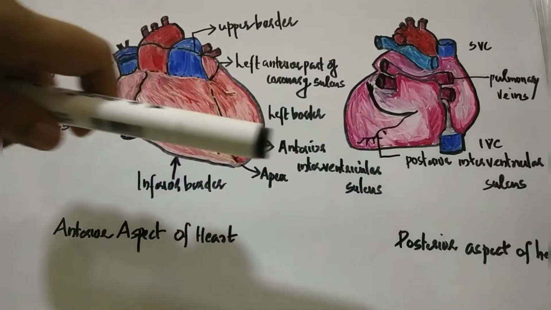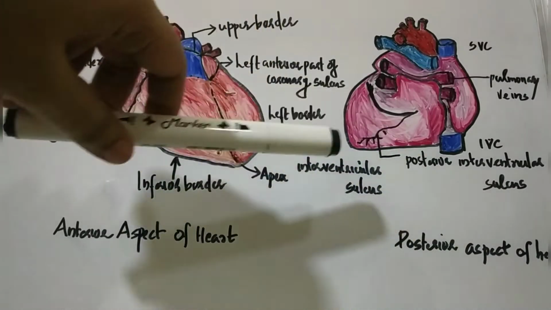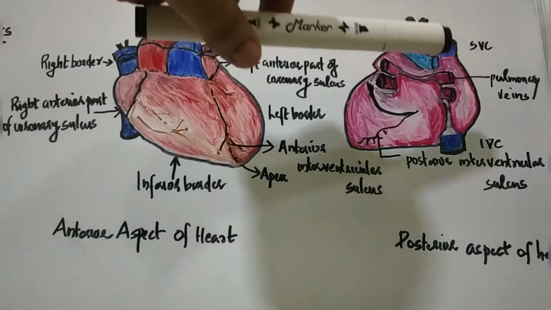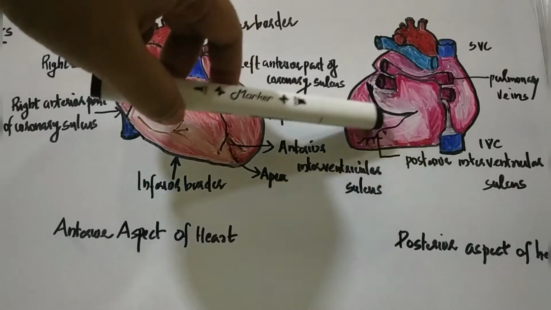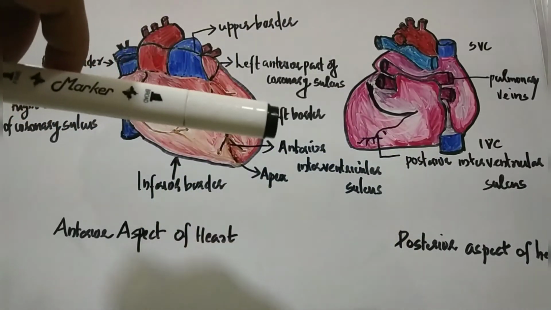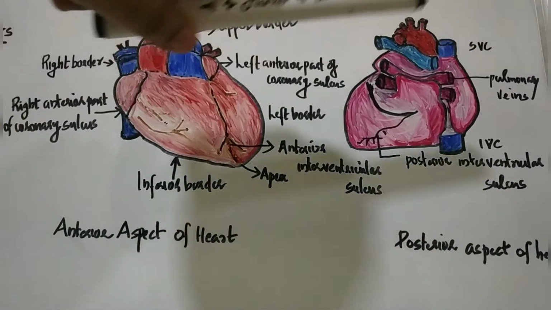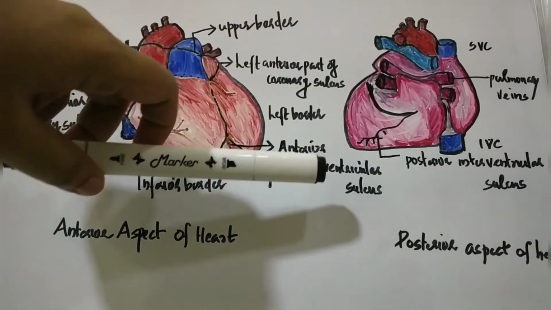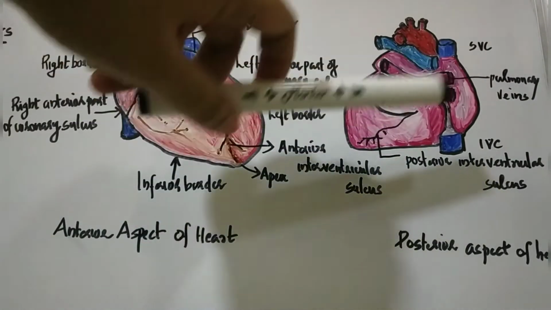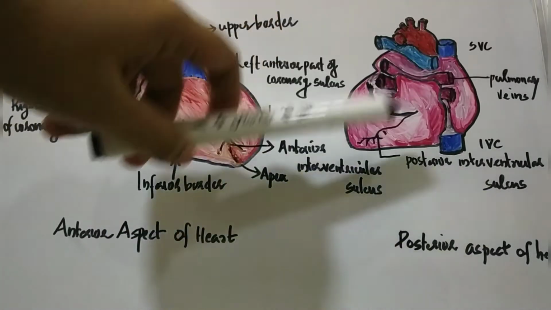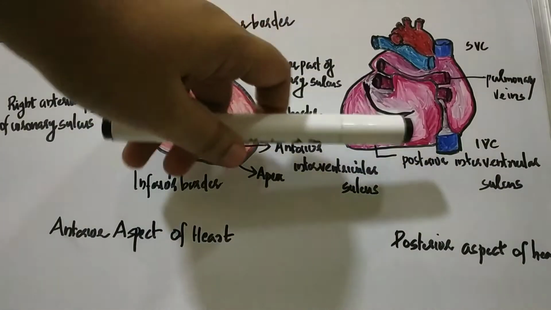The left two-thirds of the inferior surface is formed by the left ventricle and the right one-third is formed by the right ventricle, and in between you can see the posterior interventricular sulcus or groove. The inferior surface is directed downwards and backwards.